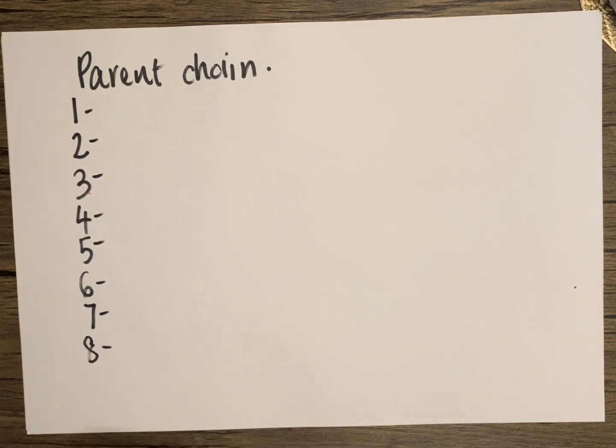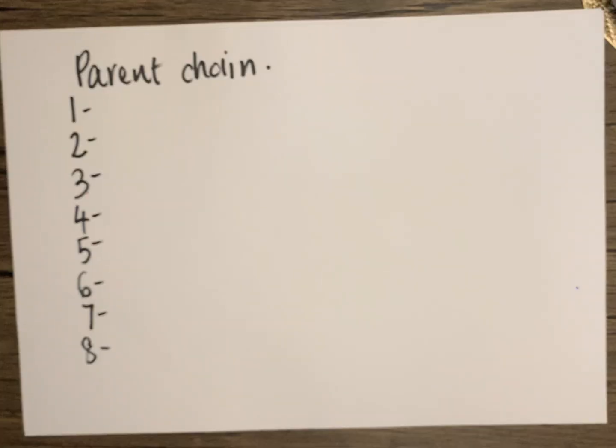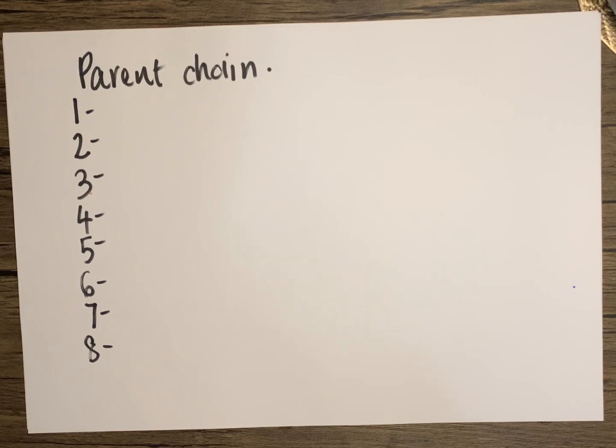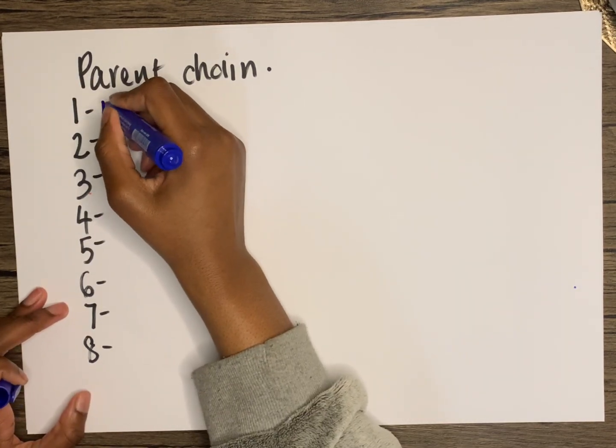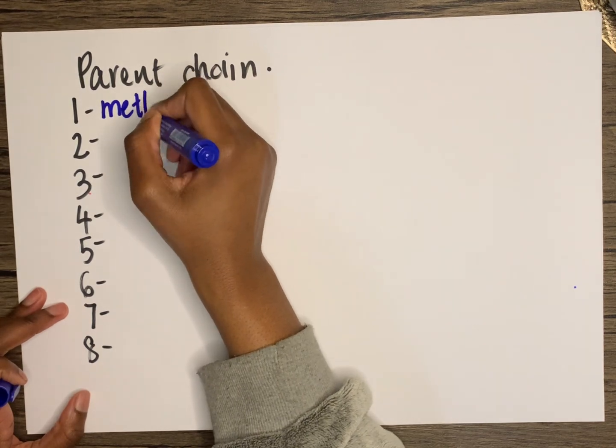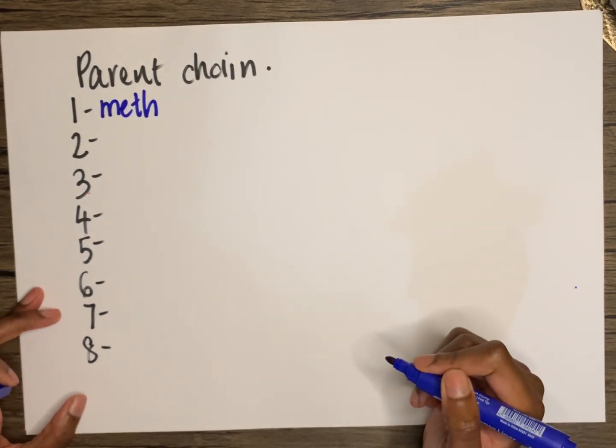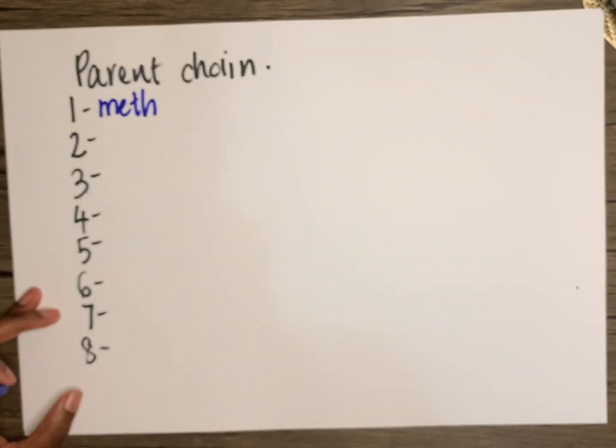Of course, it can have more, but for grade 12 purposes, we do up to 8, right? So it can have 1, 2, 3, 4, up to 8. When I'm referring to a molecule that has a longest chain with a maximum of 1 carbon, then we use meth, right, to name that parent chain.